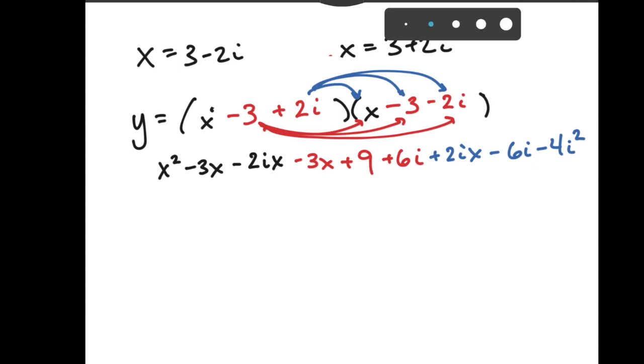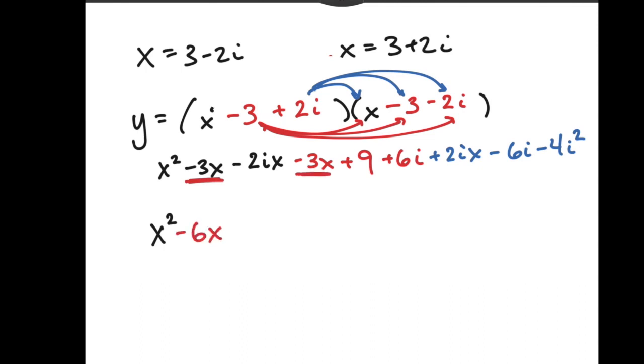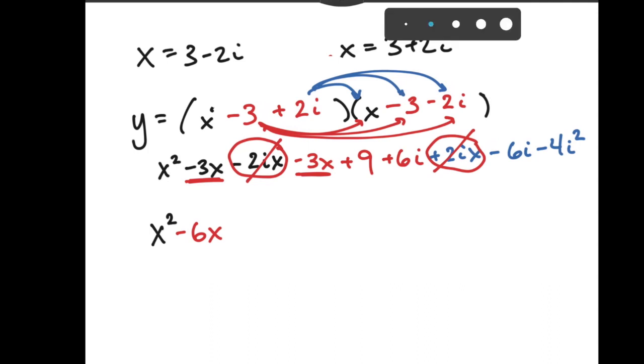This is the only x squared we have, so I'm just going to bring that down. I have this 3x and this negative 3x, so that becomes negative 6x. This 2ix, negative 2ix, and this positive 2ix are going to cancel each other out. I have a positive 9 from here.